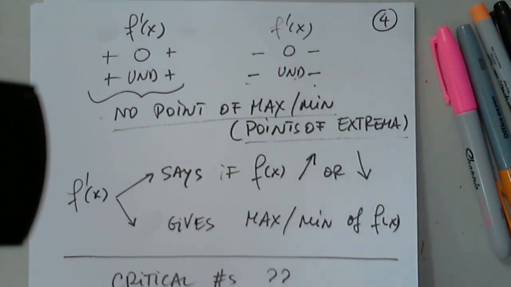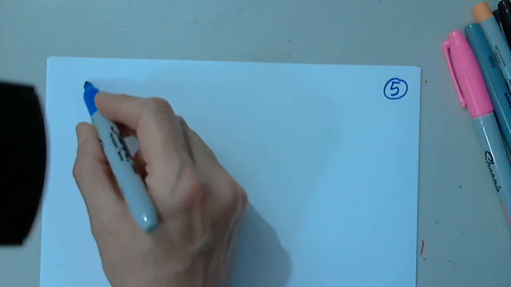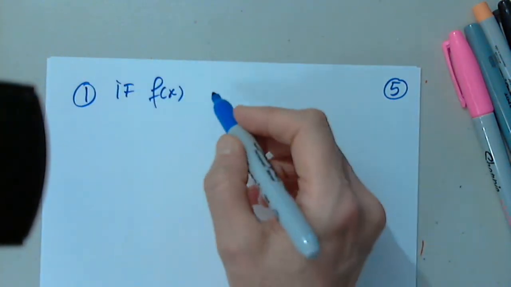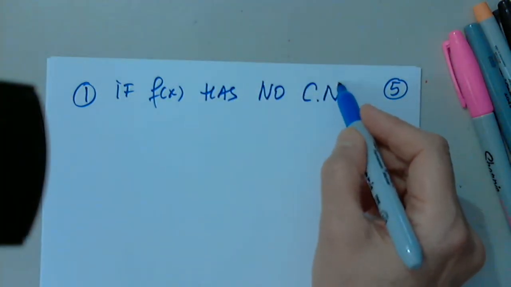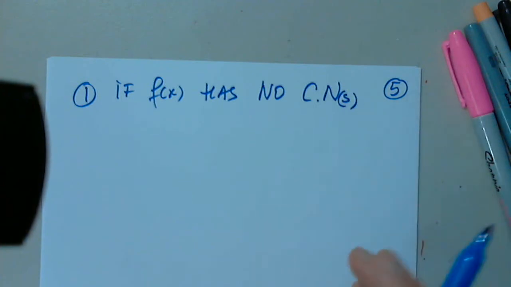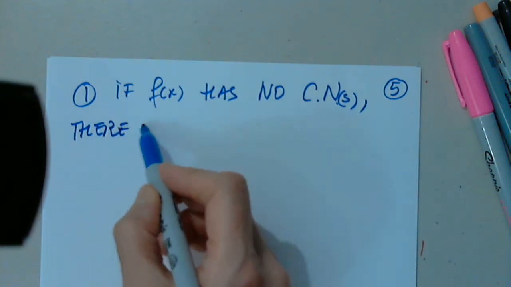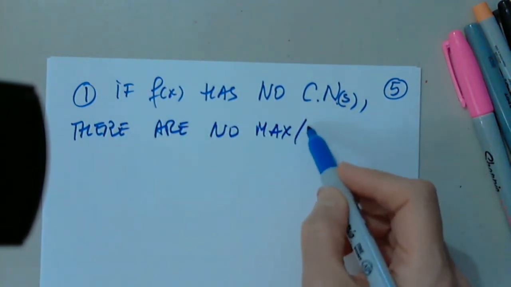Okay, so let's write this down. This is important. Number one, if f of x has no critical numbers, there are no max min.